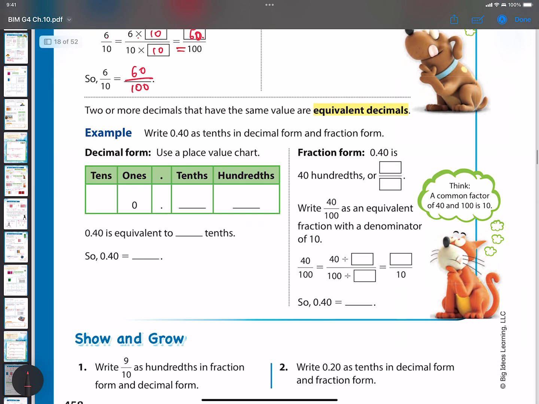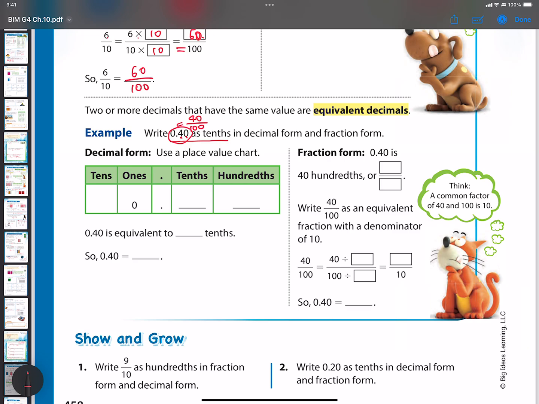Two or more decimals that have the same value are equivalent decimals, same as equivalent fractions. So example, write 0.40 as tenths. In fraction form, this is 40 over 100, because we have hundredths. 40 hundredths.